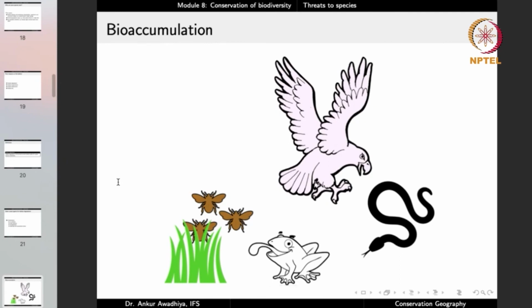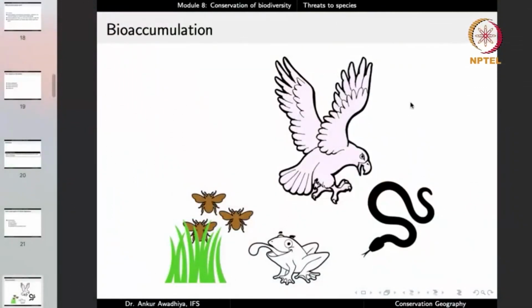In the case of bioaccumulation, what happens is that if pesticides are sprayed on, say, species of the Poaceae family such as rice or wheat, then the insects feeding on these grasses either die or remain alive but carry a certain amount of these pesticides in their bodies. These pesticides become stored, accumulated in their bodies.